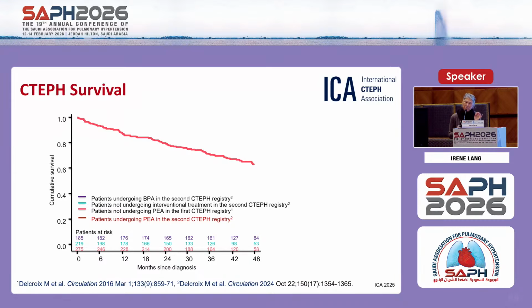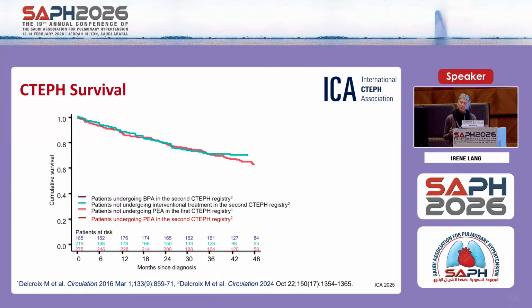Let me talk in the beginning about what have we achieved. You see on this slide, the red line is the 3-year survival curve of patients without mechanical treatment in the first registry. If you look at patients in the second registry, no mechanical, look the same.